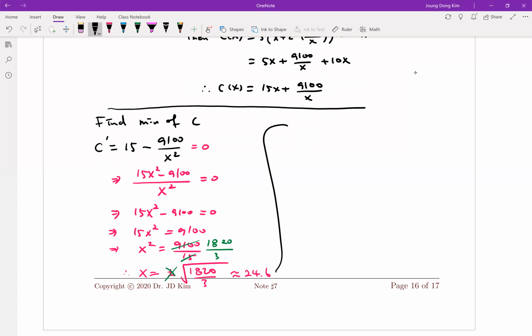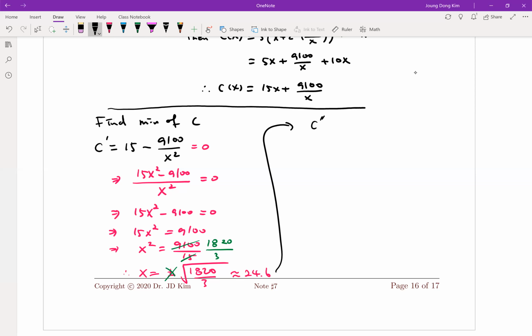Whenever you find the critical value, you have to verify whether it gives you the maximum value or minimum value. For this problem, we hope it will give you a minimum value, right? There are two ways: we can check a sign chart, or we can use the second derivative test. For this case, the second derivative test might be easy, but it's up to you. Let me use the second derivative.